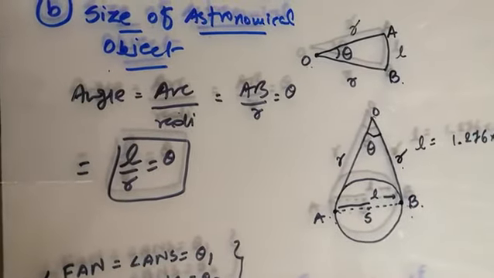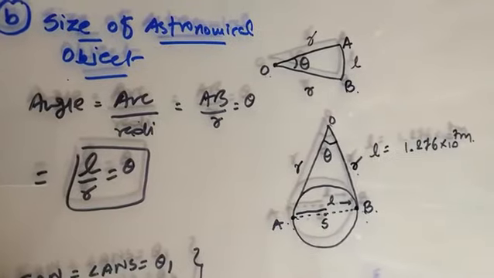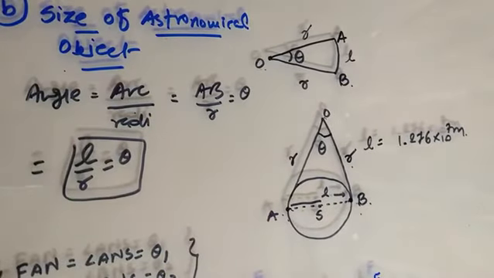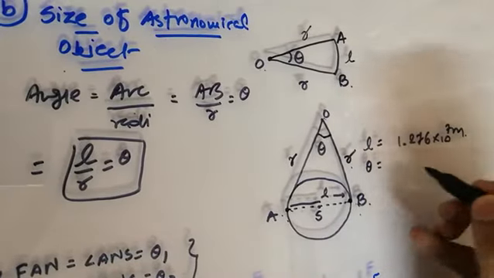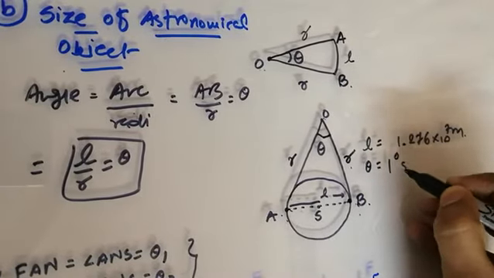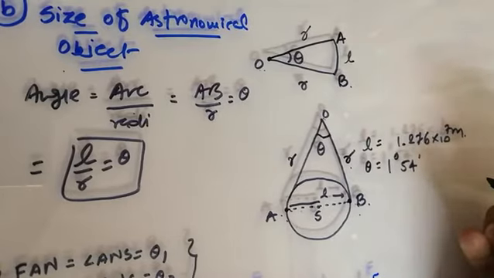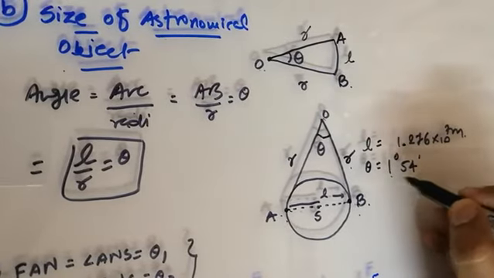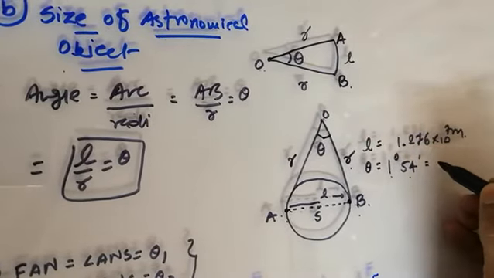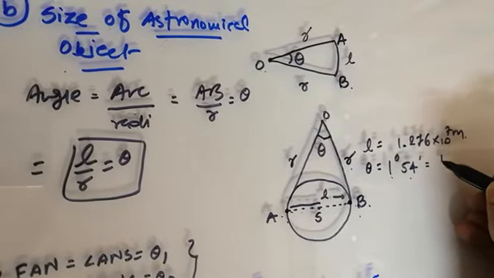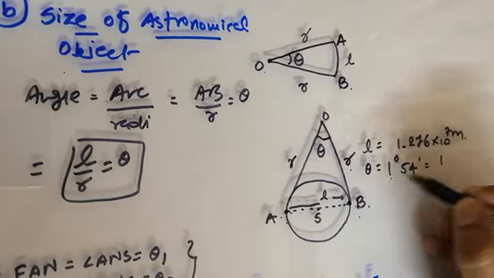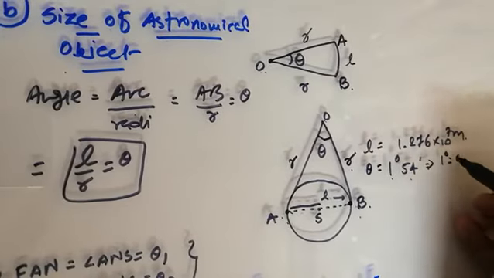These are the values of my angles and radiuses, and this angle theta in front of me is 1 degree and 54 minutes. This is not a new thing for you.